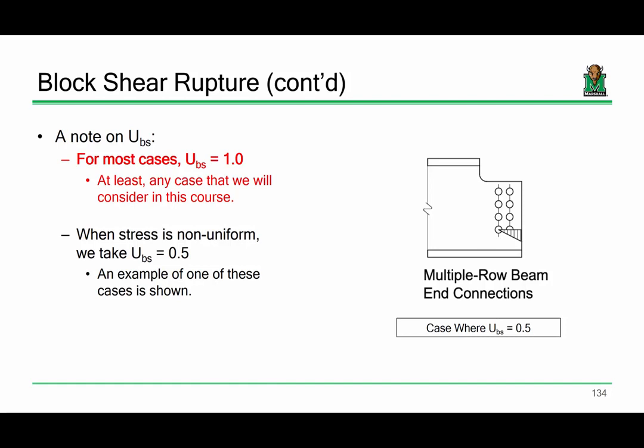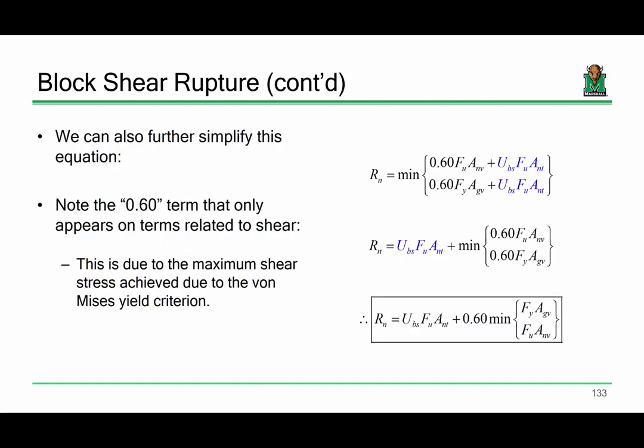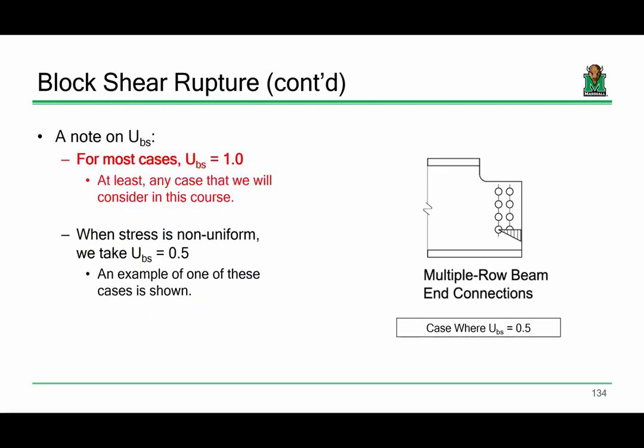One other thing, one term that might be a little weird is this UBS. It's a block shear reduction coefficient, and 999 times out of 1,000, it's going to be 1 for us. The only time that it's not 1 is when we have what's called a coped beam.